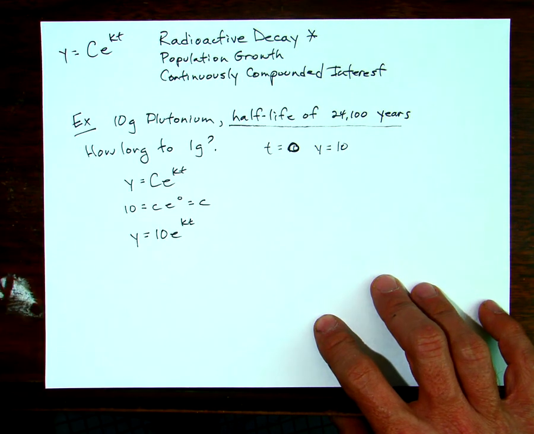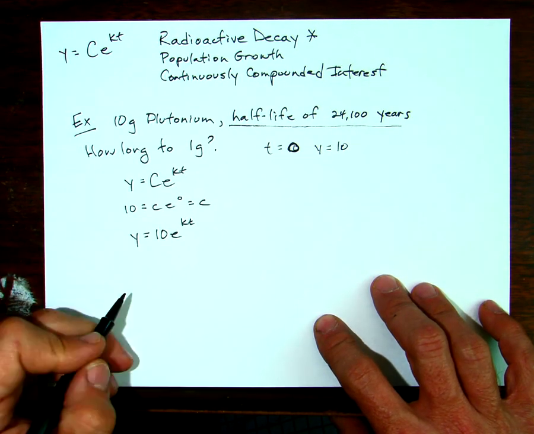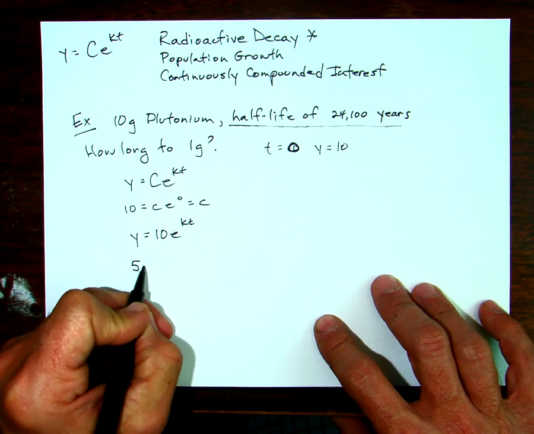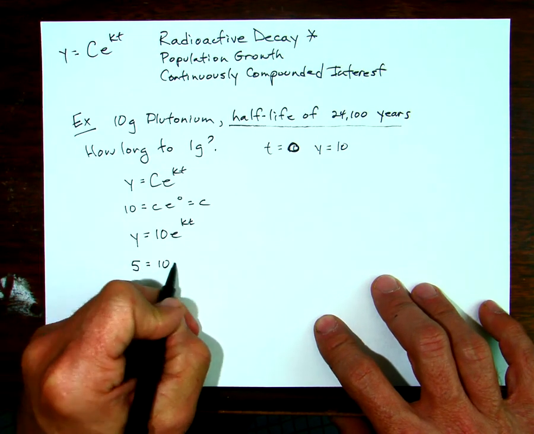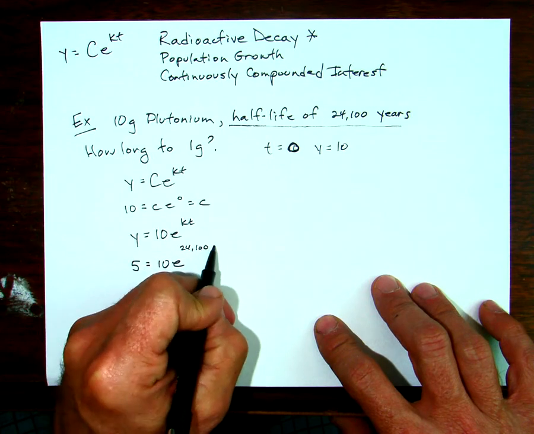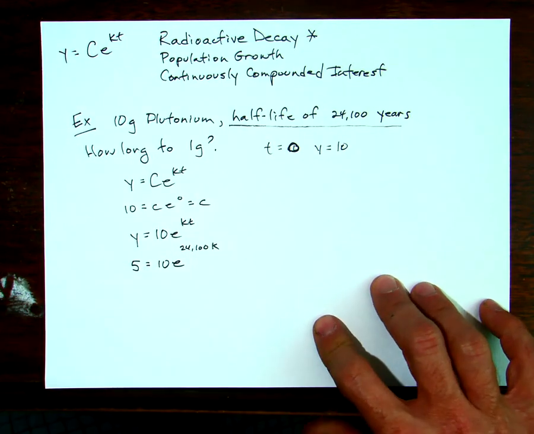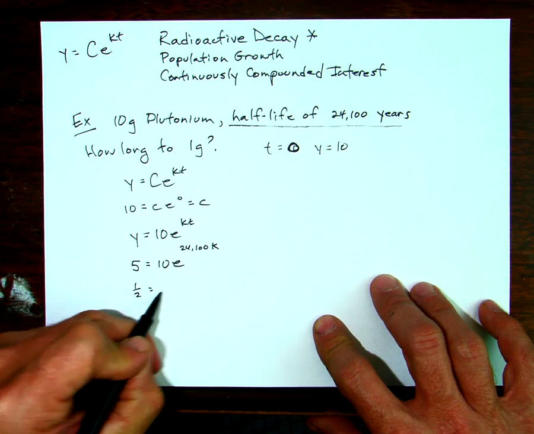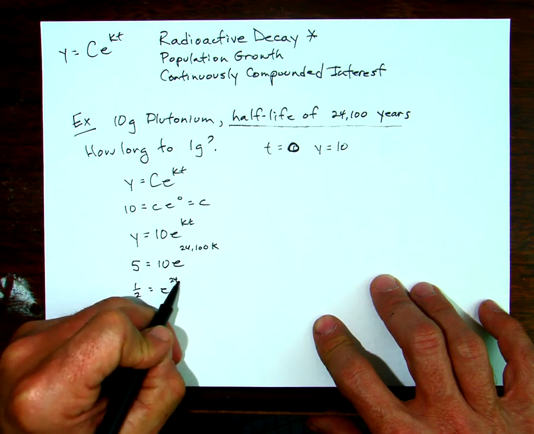That's the half-life. It doesn't matter what the amount is, because when I divide through I'm going to get 1/2. So in this case I'll put in 5 for y: 5 equals 10 e to the 24,100 k. K is what I want to solve for here. Again, I divide through, and I get 1/2 equals e to the 24,100 k.